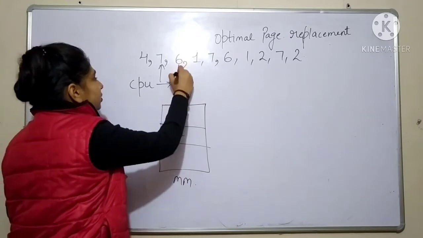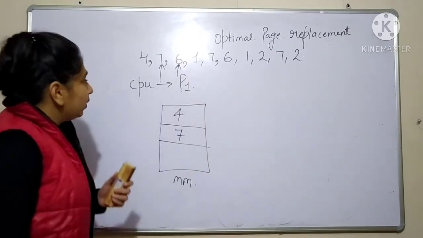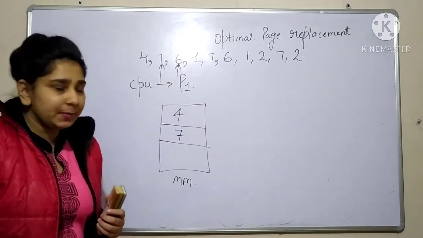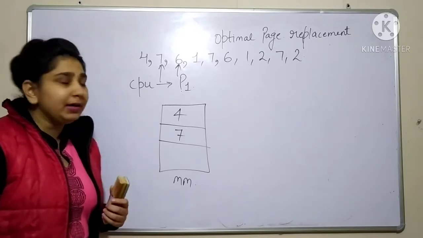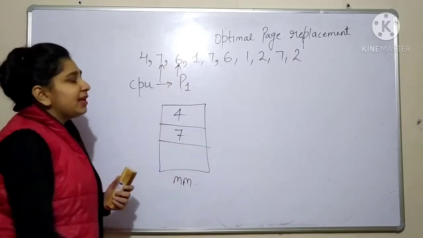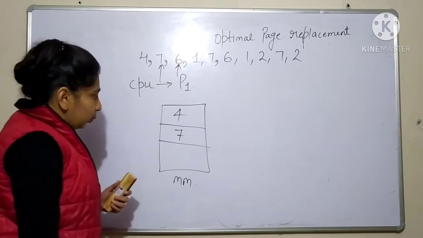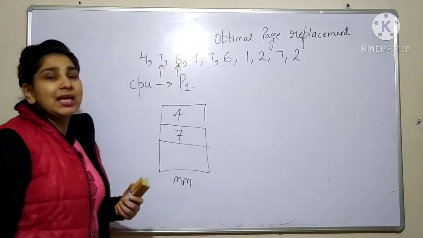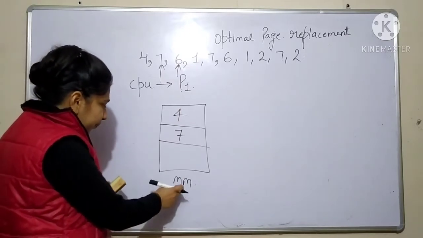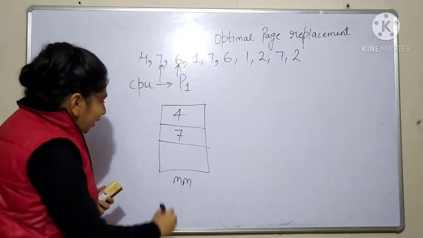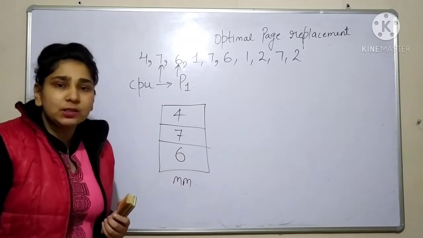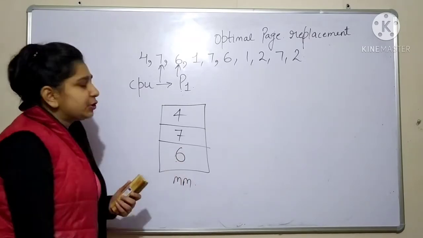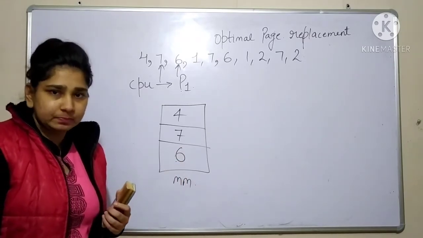Next we have page 6. Your CPU wants the 6th page of process P1. We are getting a page fault because page 6 is not present in the main memory. So we have to load this 6th page from hard disk to main memory.